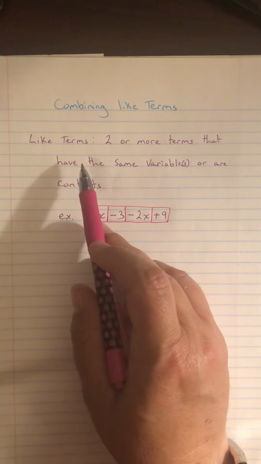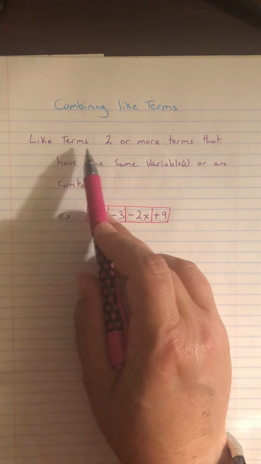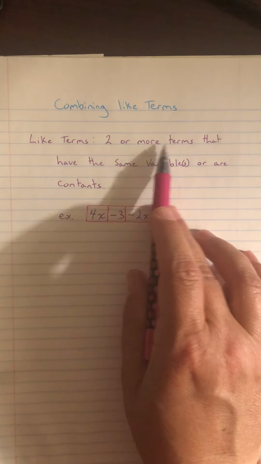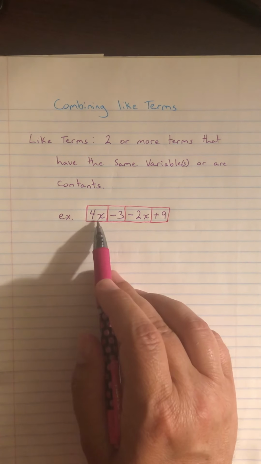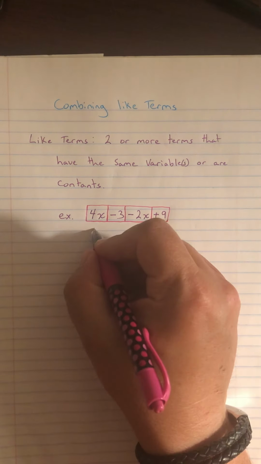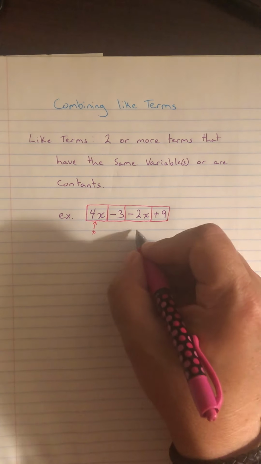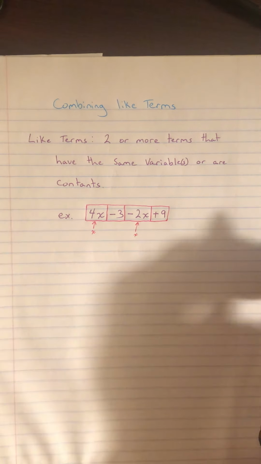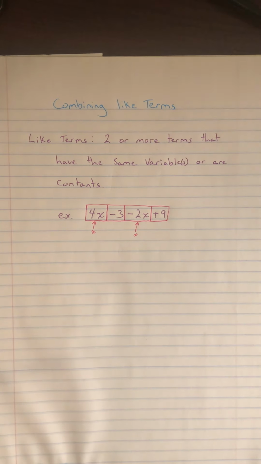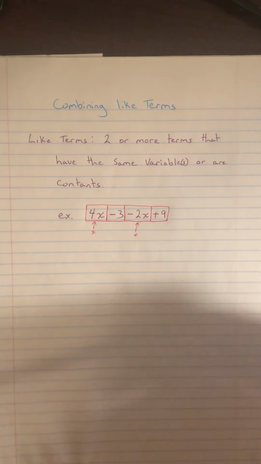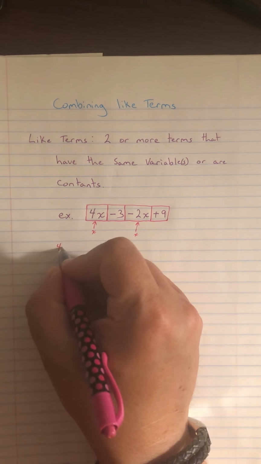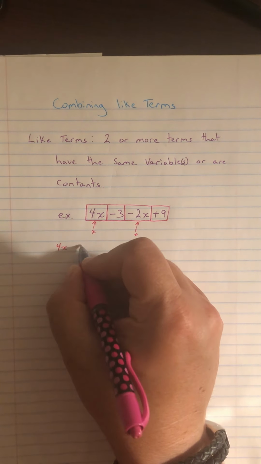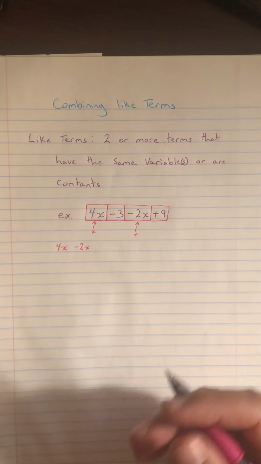Now again, looking at our instructions, our rules up here, 2 or more terms that have the same variable. Notice the x here. This has an x. This has an x. Those are like terms. I'm allowed to put those together. I'm allowed to put my 4x and my negative 2x together.